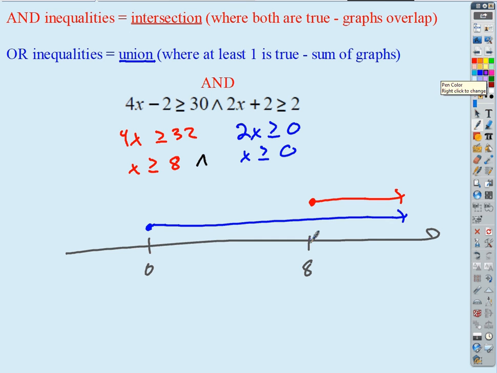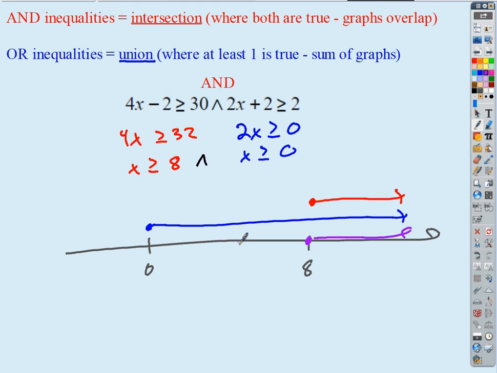So when this is an and statement, you see that connection. For an and, they both have to be true at the same time. So only the places where they're both true are part of the and compound inequality solution, right? And think about the numbers. They make sense. For example, if we pick a number in between here like 4, does this sound right? 4 is greater than or equal to 8, and 4 is greater than or equal to 0. True or false?